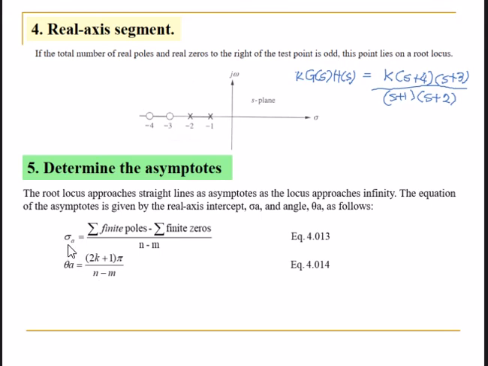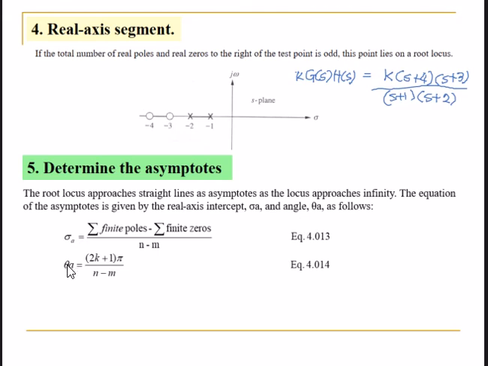For the intercept, intercept ni adalah titik tengah lah di antara poles and zeros. So sigma A equals summation of finite poles minus summation of finite zeros, and then we divide by poles minus zeros. Then to determine the angles, we need to use this equation.